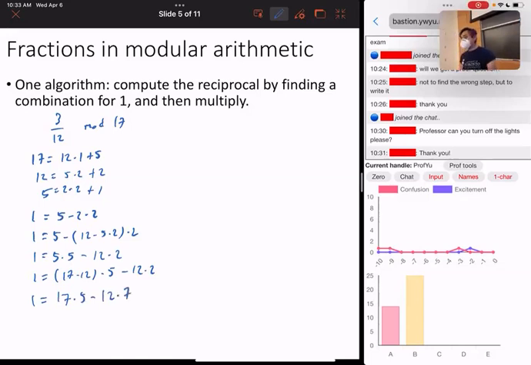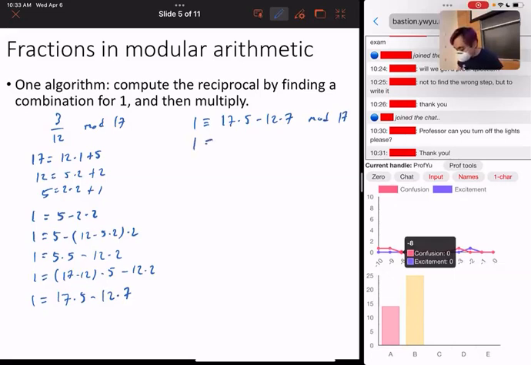Okay? And once you have that, you can take mod 17 on both sides. And so that gets you 1 is congruent to 17 times 5 minus 12 times 7, mod 17. But of course, in mod 17, 17 is the same as 0. And so 1 is congruent to minus 12 times 7, mod 17. And divide by 12 on both sides, because we know that we can divide by 12, because it's relatively prime to 17.